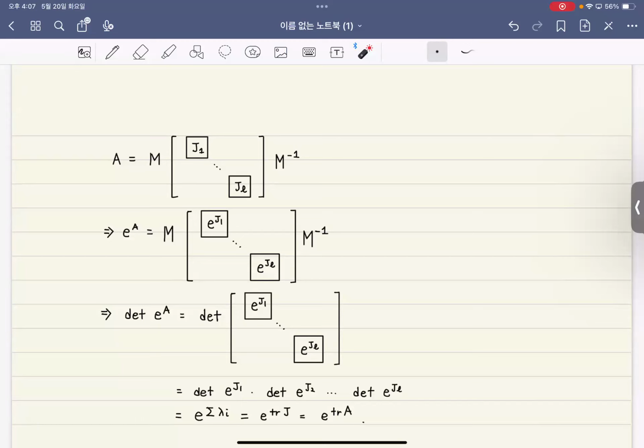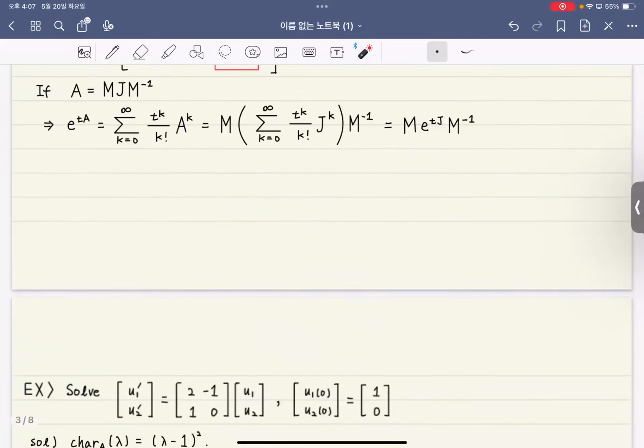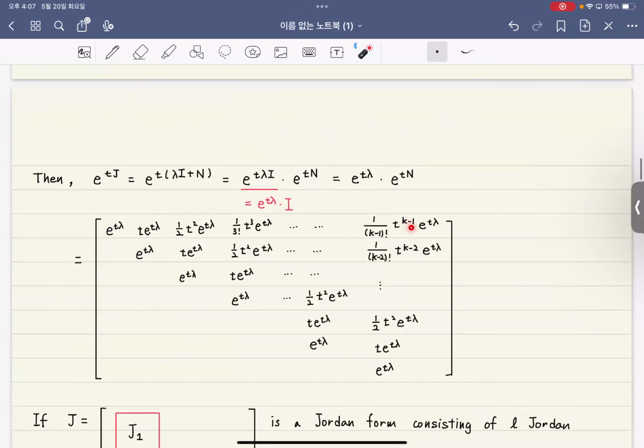But each of these blocks is also an upper triangular matrix. Why? Because this was e^{tJ}. This is clearly an upper triangular matrix, right? The matrix exponential of a single Jordan block is an upper triangular matrix. And if your matrix is upper triangular, then its determinant is the product of all its diagonal entries.